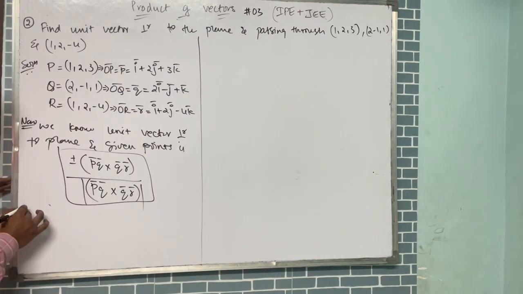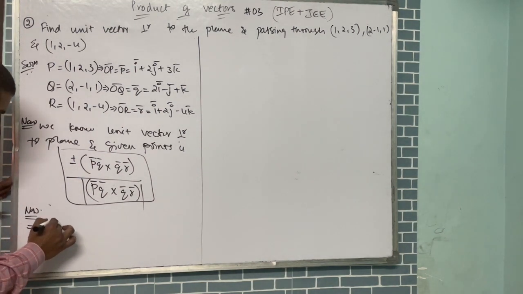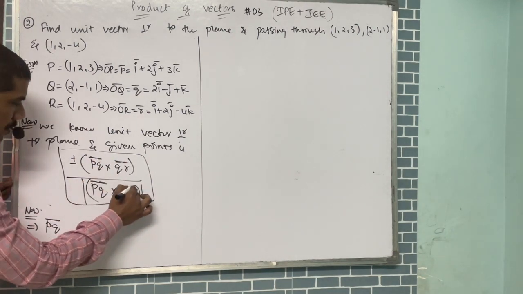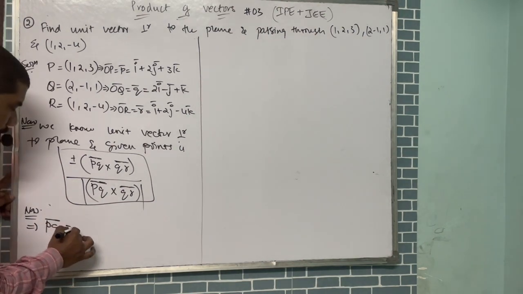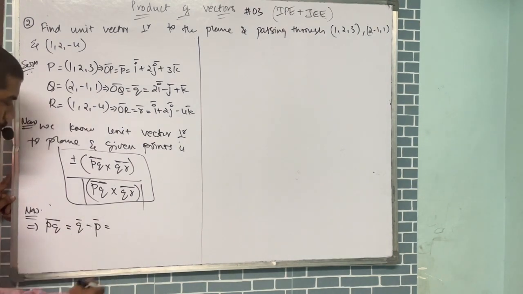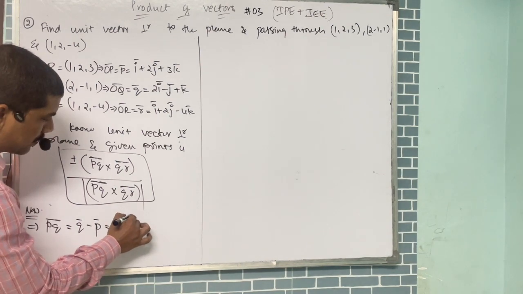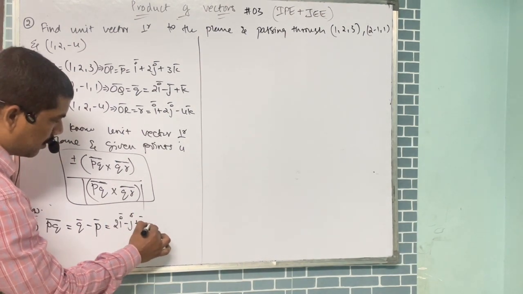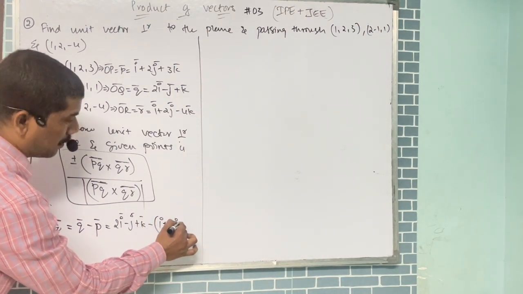Getting this point, everyone? So first I'm finding PQ and writing it, because that is one vector only now. PQ means, I said you already, second vector minus first vector, Q minus P. What is Q? 2i minus j plus k, minus P, i plus 2j plus 3k.